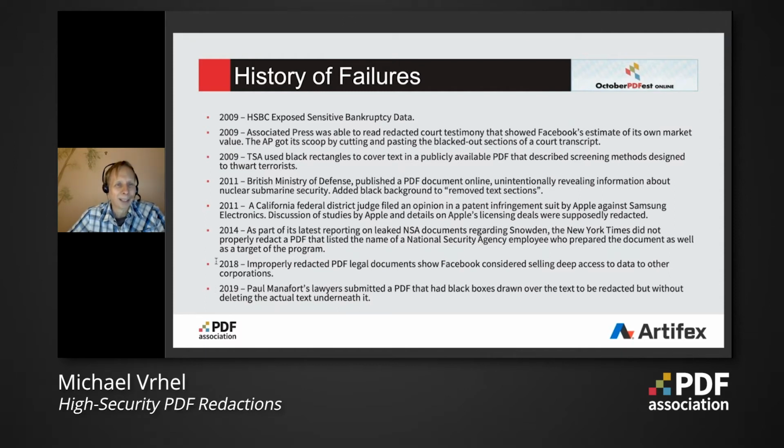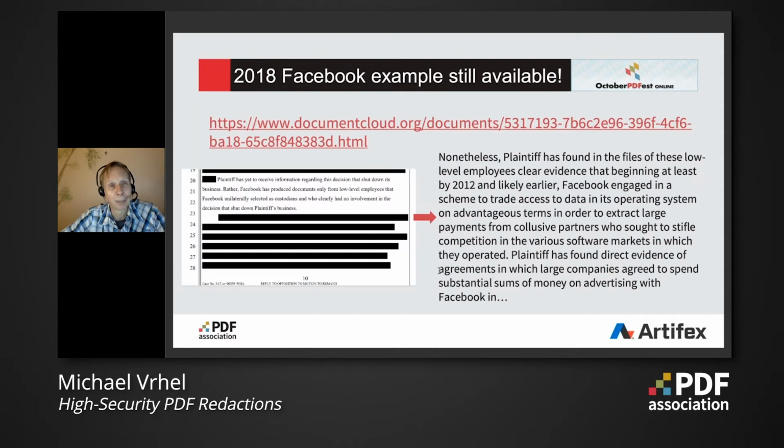In 2018, there was this Facebook legal document that basically showed Facebook had considered selling deep access to data to other corporations. And I did a little bit of searching and was able to actually find that document still on the internet in its redacted PDF form, supposedly redacted form. On the left here is a screenshot of one of the pages from the PDF.